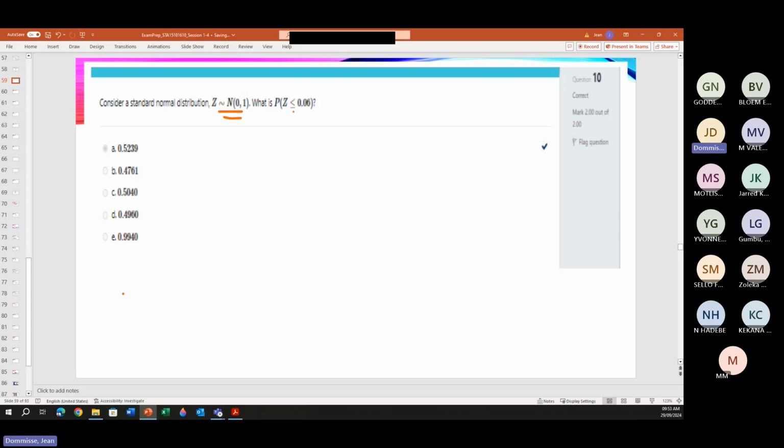What is the probability that Z is less than 0,06? So what is that probability?